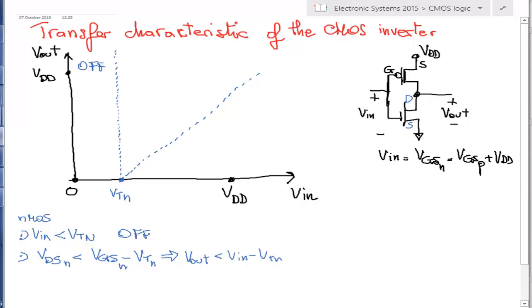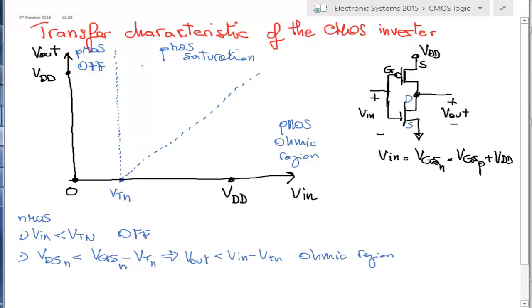Below, when we have the smaller sign, we have this situation, so ohmic region. So we have NMOS off. Here we write NMOS ohmic region. And of course, in the other situation, we have the NMOS in saturation.